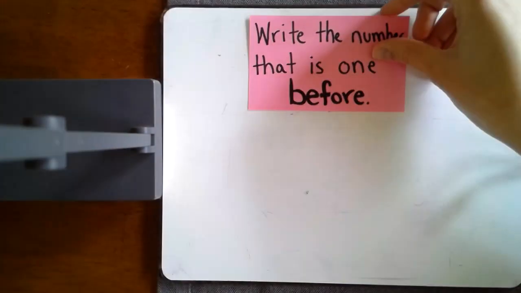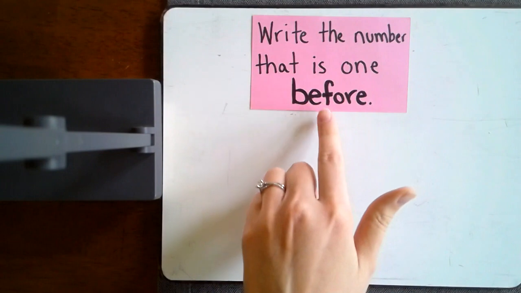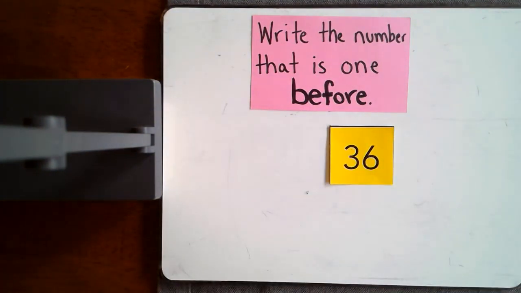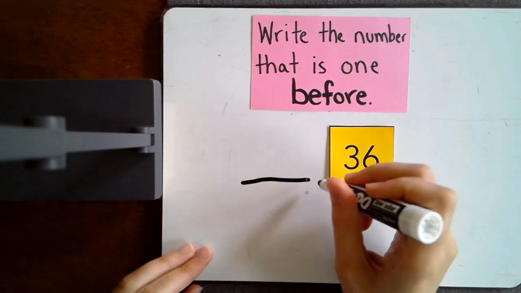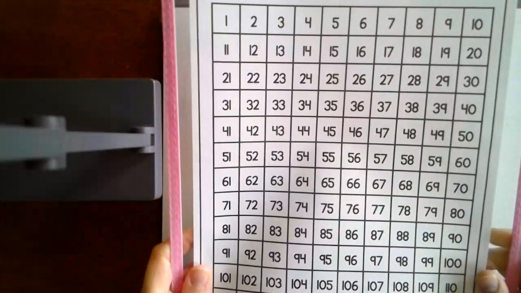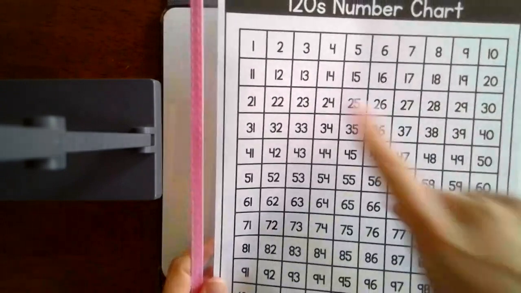My first direction is write the number that is 1 before. So I've given a number 36 and I have to find the one that's before it. I'm going to pull out my number chart and I'm going to look for where 36 is.